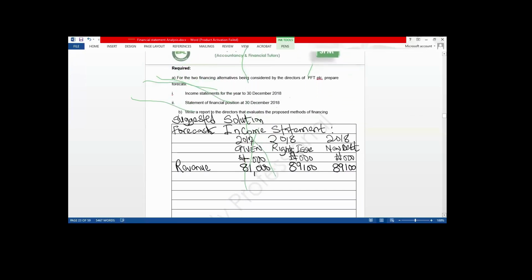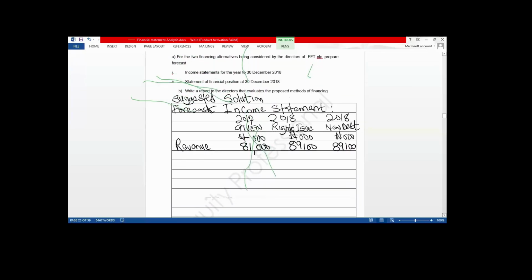In 2017, it was 12,000. That means in 2018, we are still going to maintain 12,000.